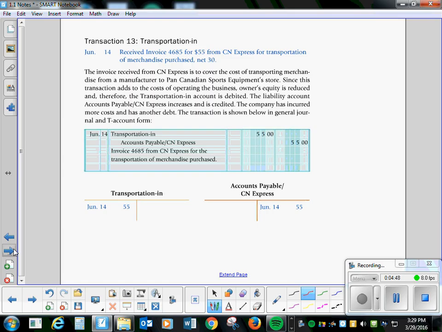Received an invoice for $55 from CN Express for transportation of merchandise purchased, net 30. So you are going to pay them with a credit, and it goes to accounts payable CN, and the account that it goes to is your transportation. And your T accounts look like this.